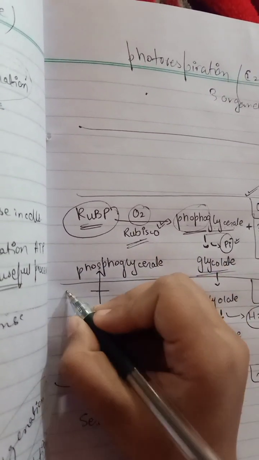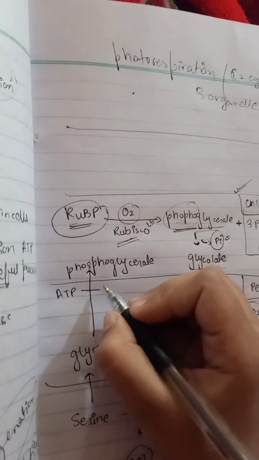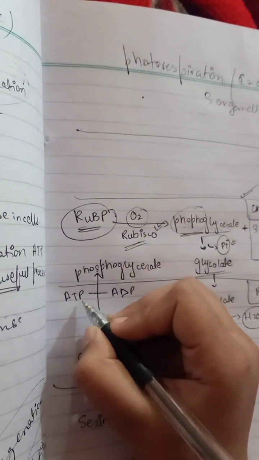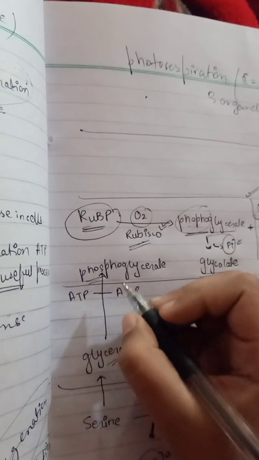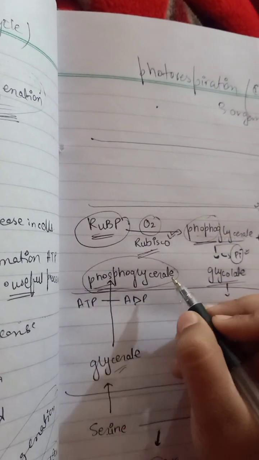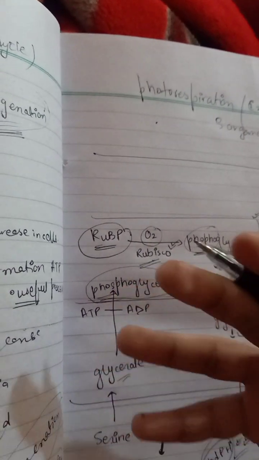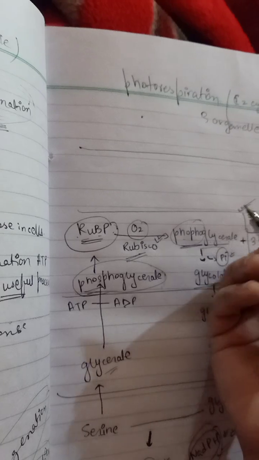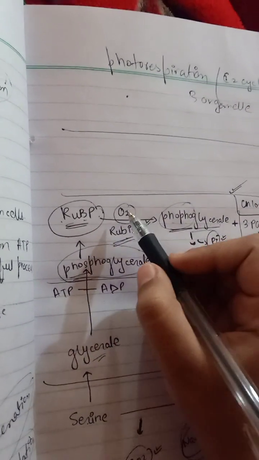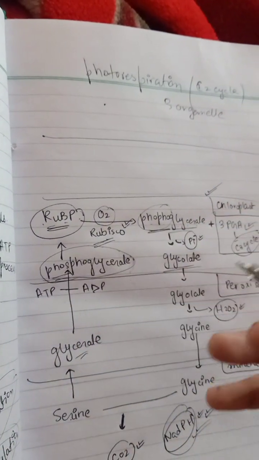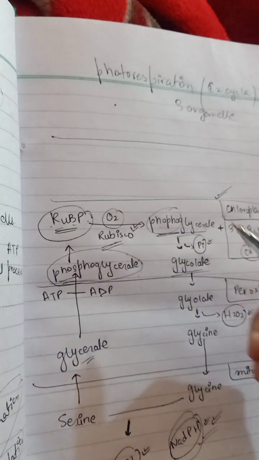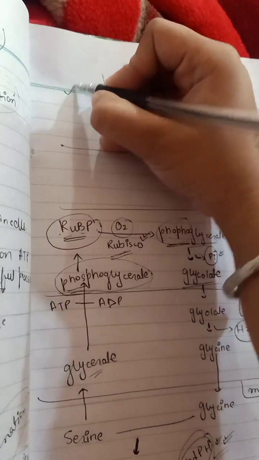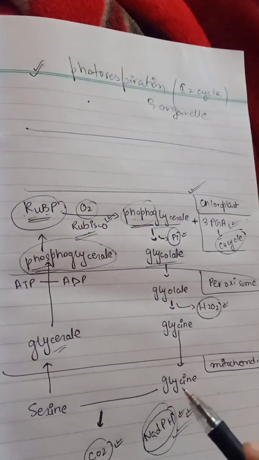With the help of ATP converting into ADP, one phosphate will join with the glycerate, so we call it phosphoglycerate. This phosphoglycerate is used to make ribulose bisphosphate again, and the cycle continues. Okay, so this was the cycle in photorespiration.